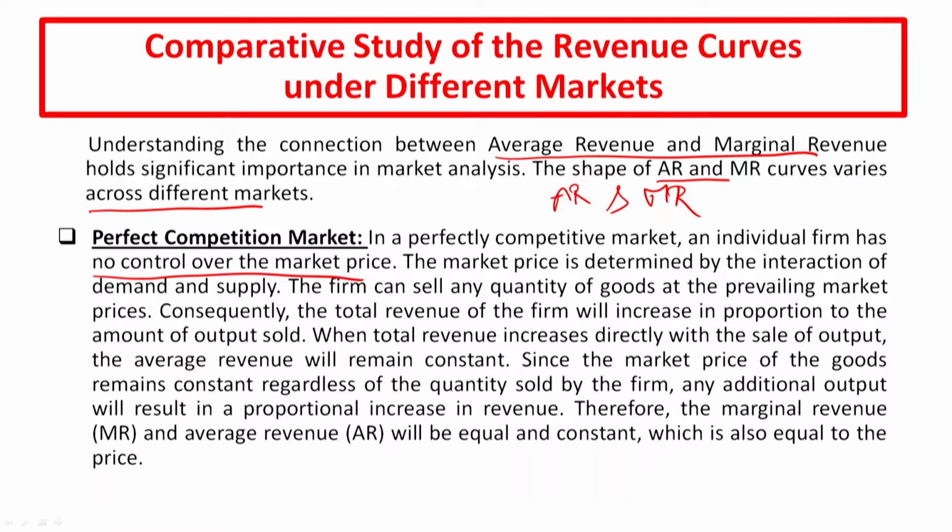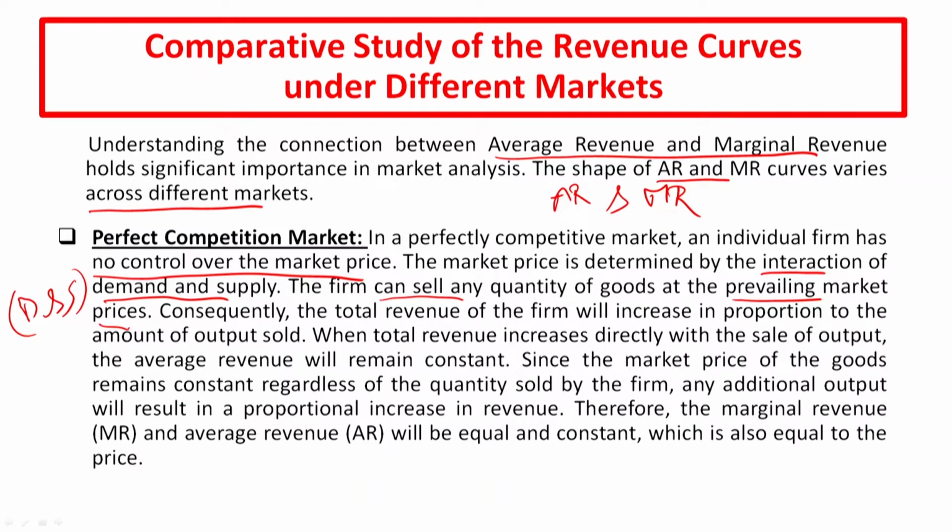The market price is determined by the interaction of demand and supply. The firm can sell any quantity of goods at the prevailing market price, which means you need to sell your goods at that respective price.